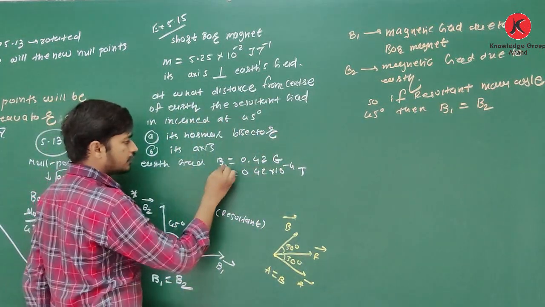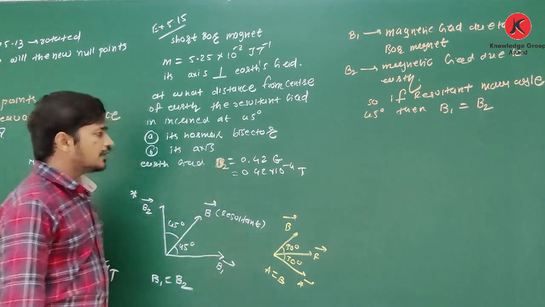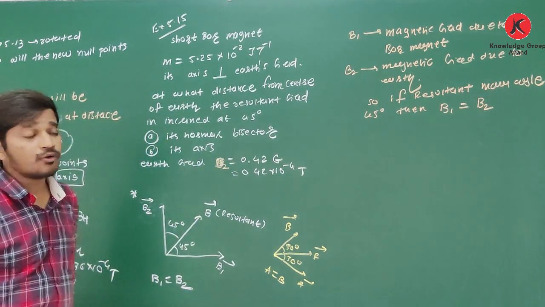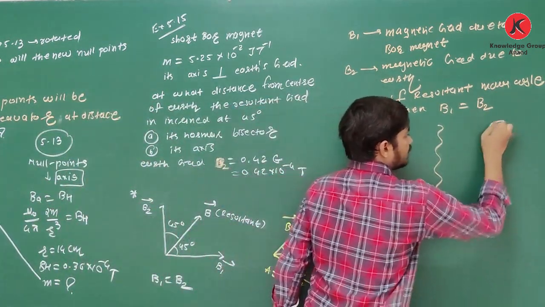And what is magnetic field due to earth? Here it is B2, equal to 0.42. Now you have to find two questions, A and B.